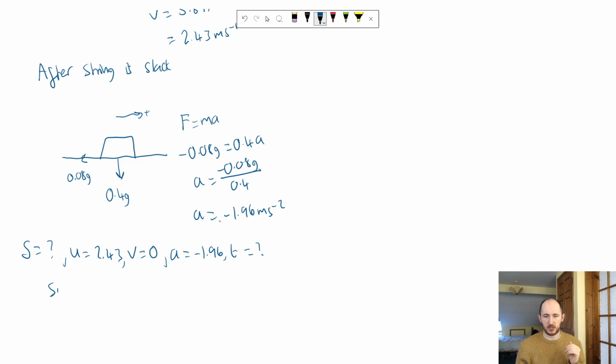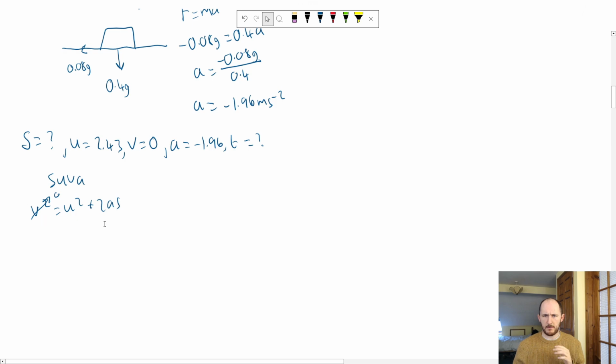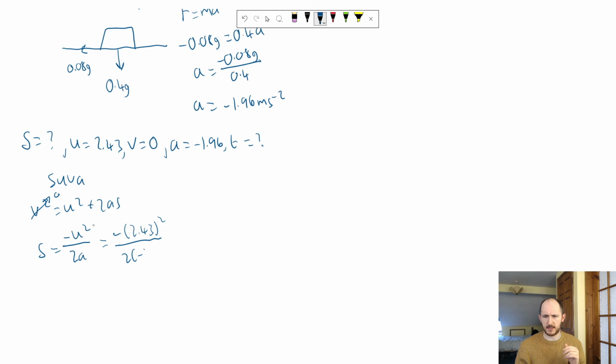So S, U, V, and A, so the equation that comes to my mind is V squared equals U squared plus 2AS. V is, of course, 0. So S is going to be negative U squared over 2A. That is negative 2.43 squared over 2 times negative 1.96.